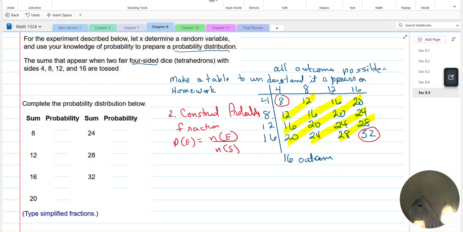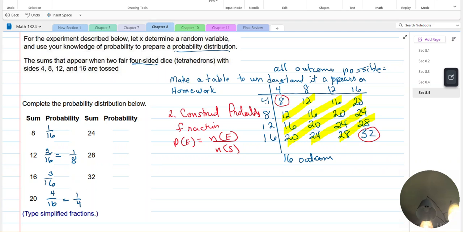So here we go. If I have 8 as an outcome, I only have 1 out of that 16. If I have 12, well, I've got 2 out of the 16, which gives me 1/8. On 16, I have 3 out of the 16, and I don't think I can do anything with that. On 20, my largest, I have 4 out of the 16.